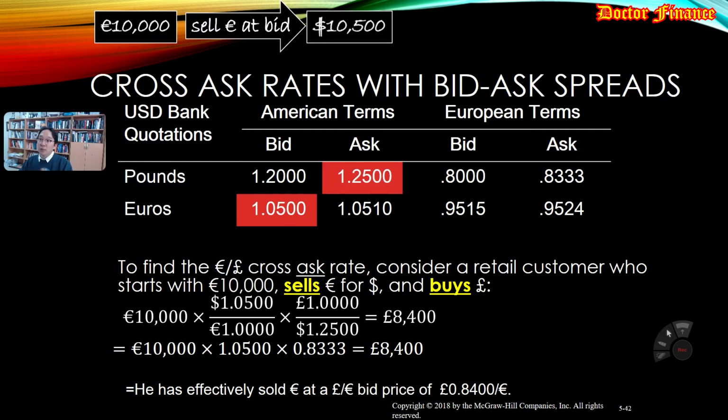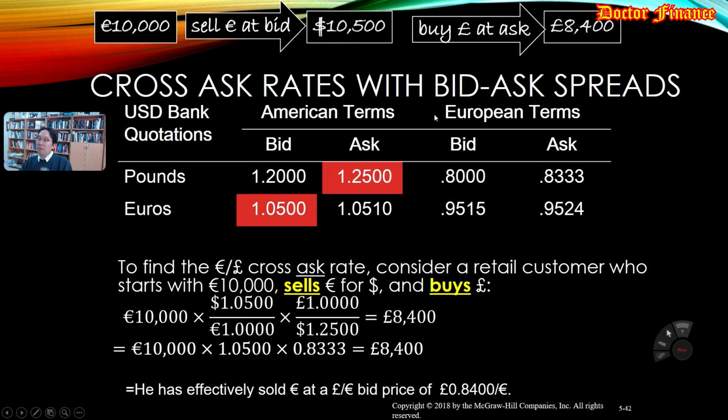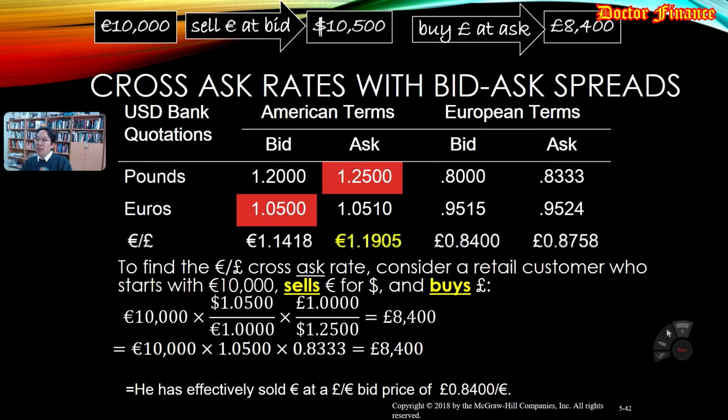Okay, so you'll get 10,500 US dollars. And with this US dollar, you want to buy British pounds, right? So you buy British pound at the ask rate, and you will get 8,400 British pound.